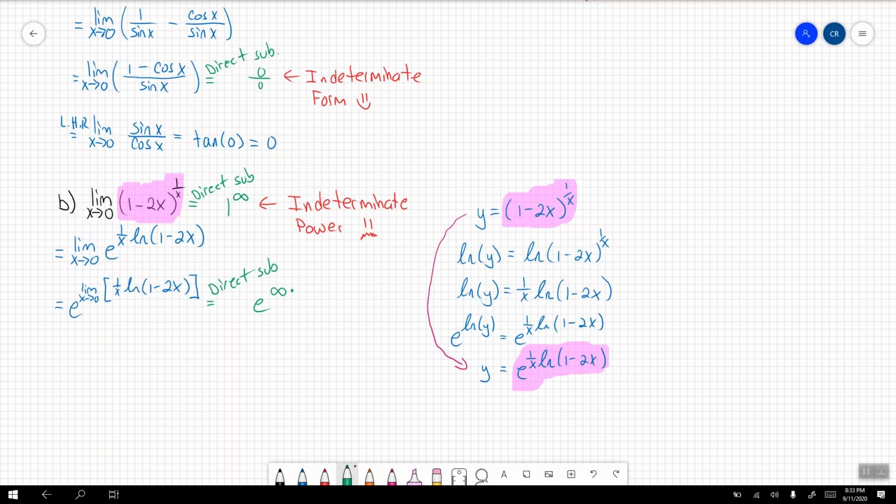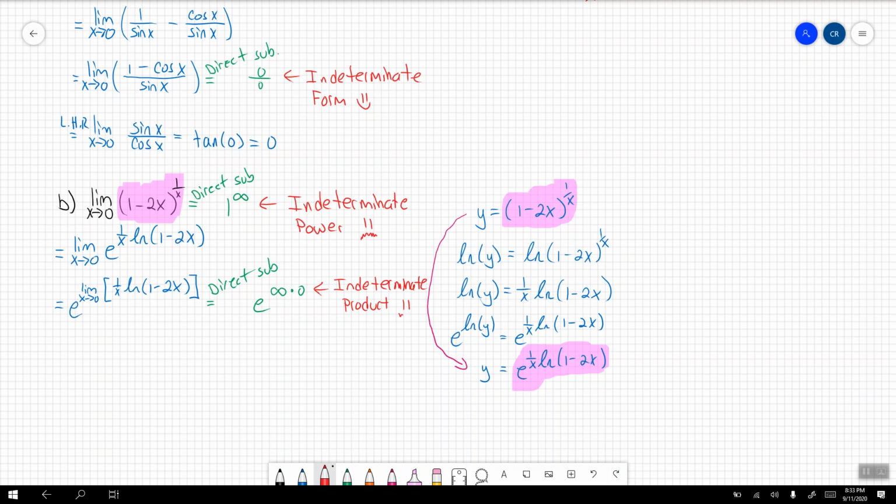The natural log of 1 is 0. So check that out: the exponent is now an indeterminate product.